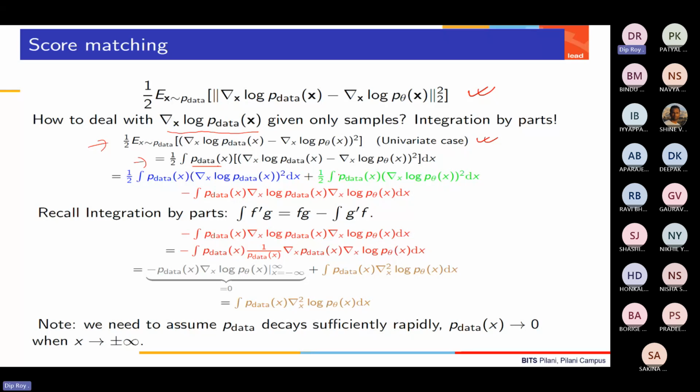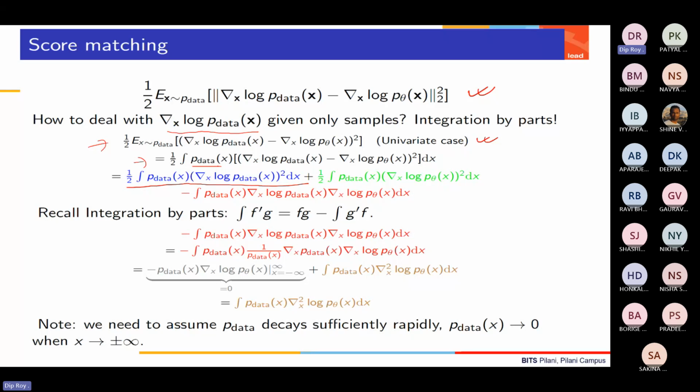Okay. Three parts to it. The first part is this. It does not have any theta, and hence essentially it can be ignored.